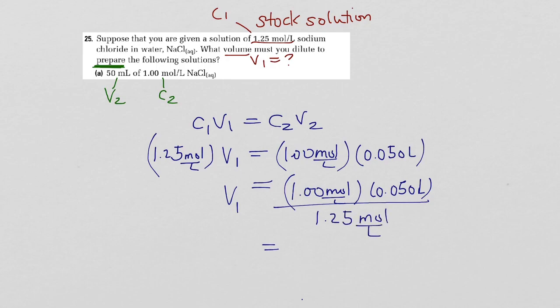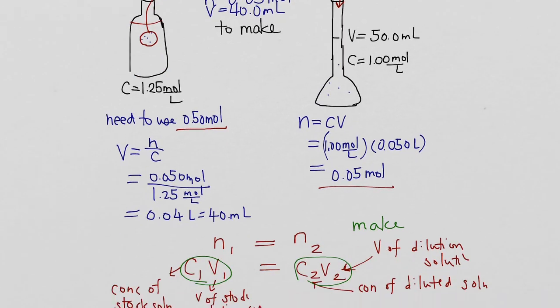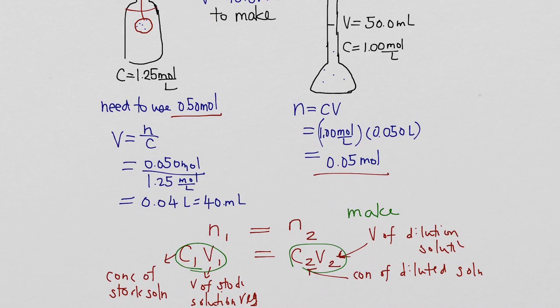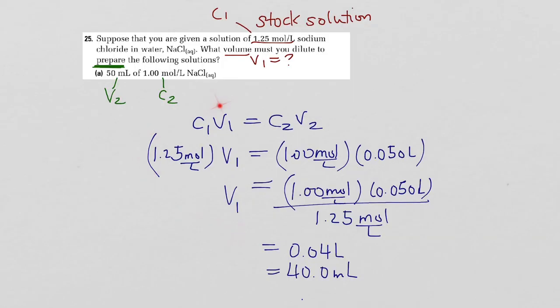And then you will get 0.04 liters, which is 40 mils. So this is just a quick way of doing it. Well, here you have two steps. Step 1, step 2. Using this equation allows you to do these two steps in one step, as long as you know what you're doing, right?